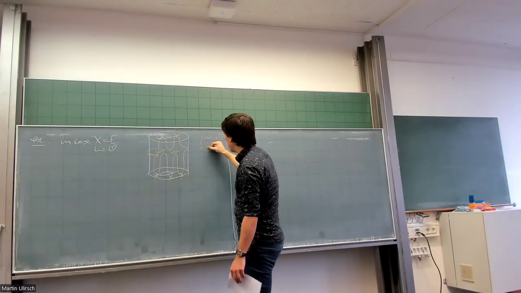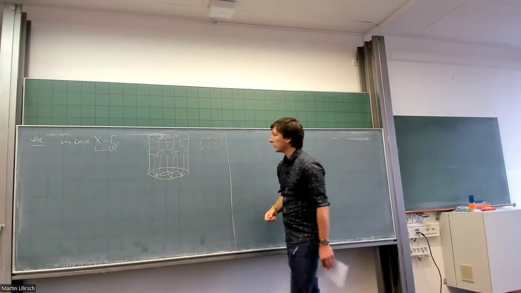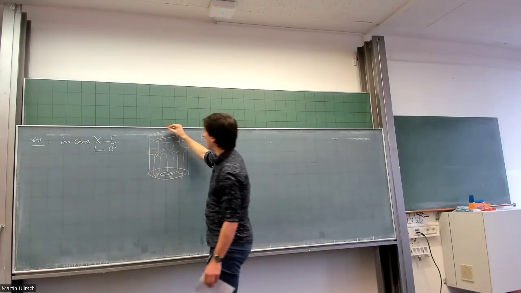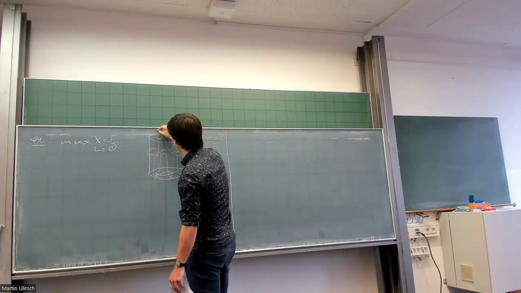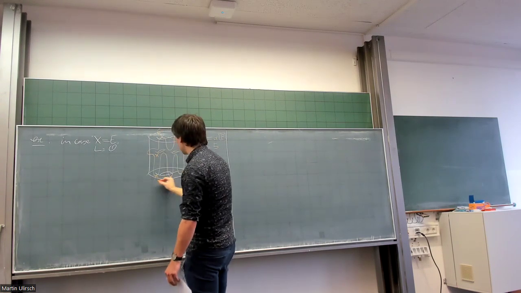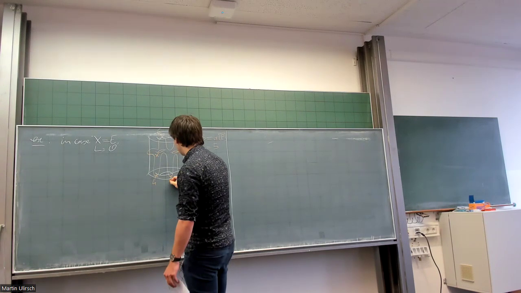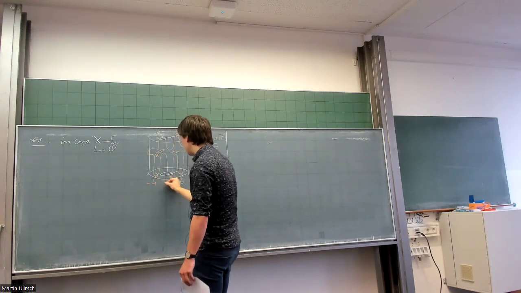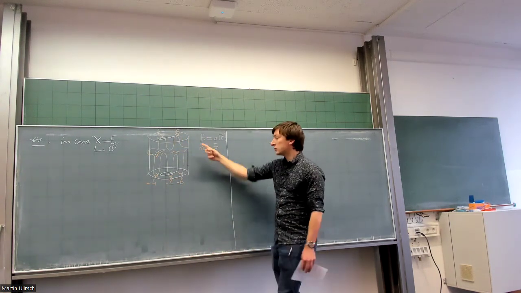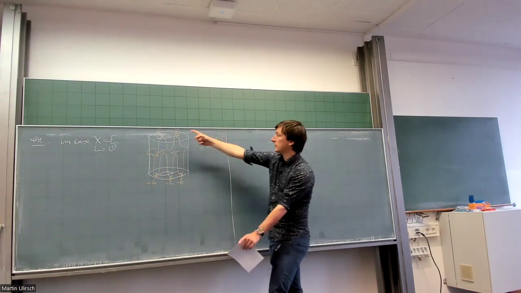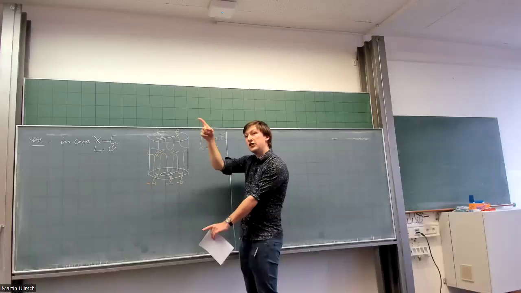Here I chose n to be 5 because I have 5 points mapped to the boundary. So I have to choose some weights also. I put minus to say that these points are mapped to the 0 divisor. 6 and 6 are positive, so they are mapped to the infinity divisor.